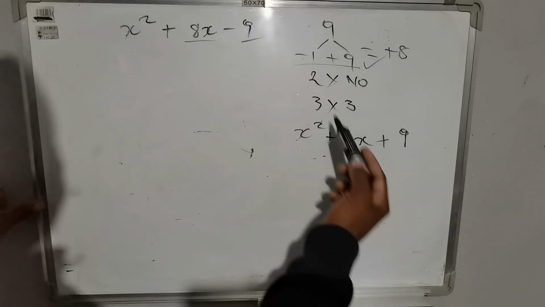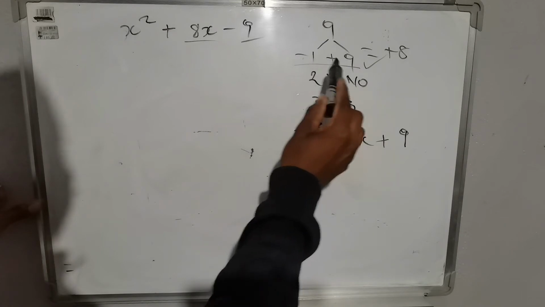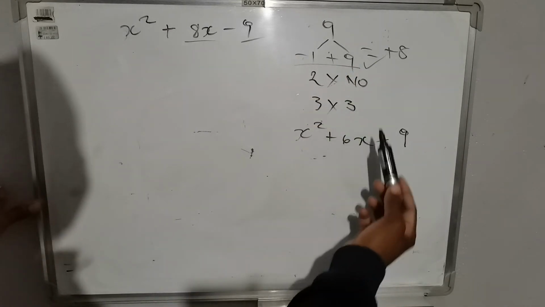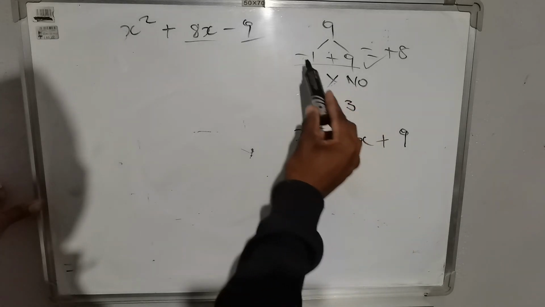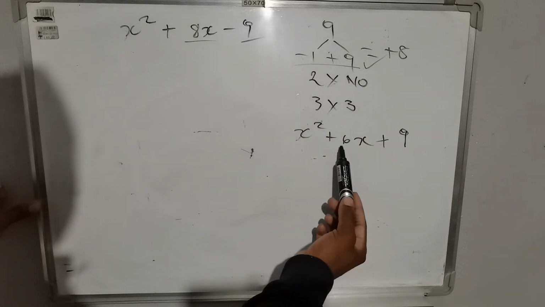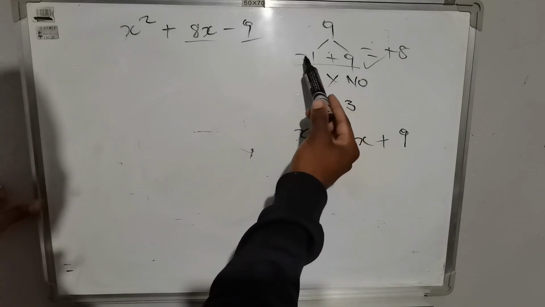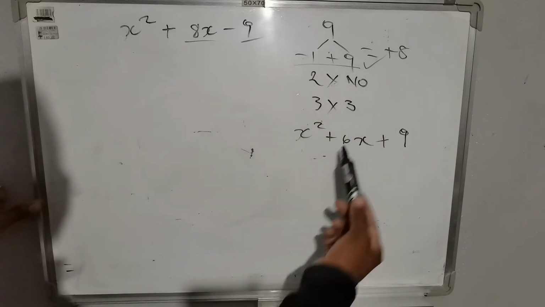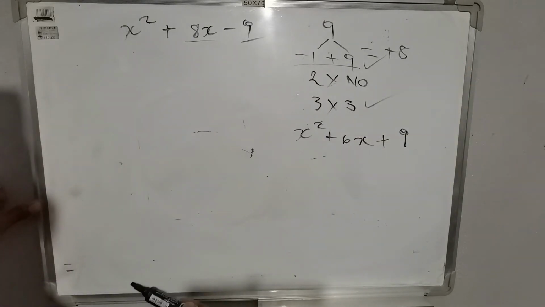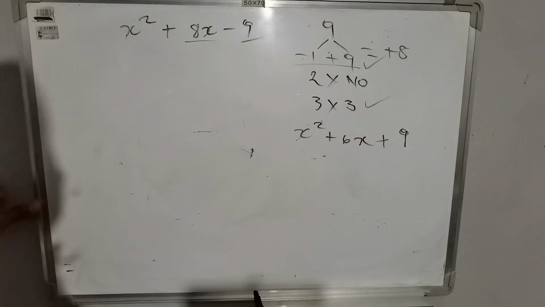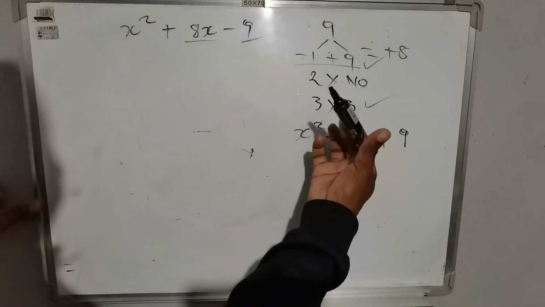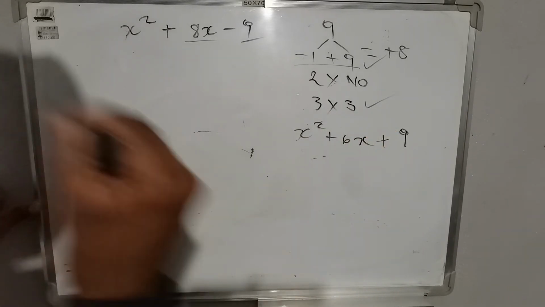But on this equation, will 1 times 9 help us? No, because if we say 1 plus 9, we'll get 10, not 6. If we say minus 1 plus 9, we'll get 8, not 6. So this one will work on this equation because if we add 3 and 3, we get 6.